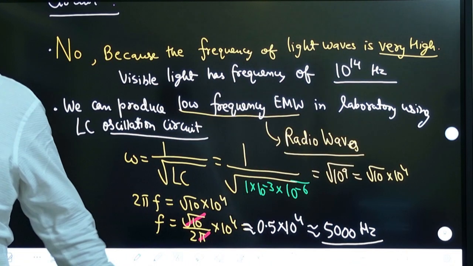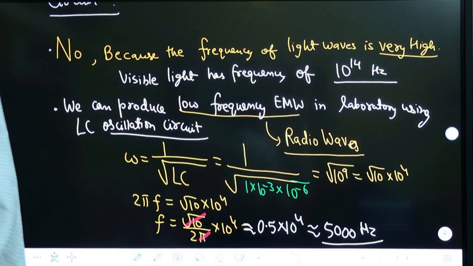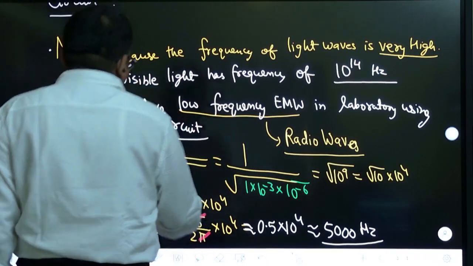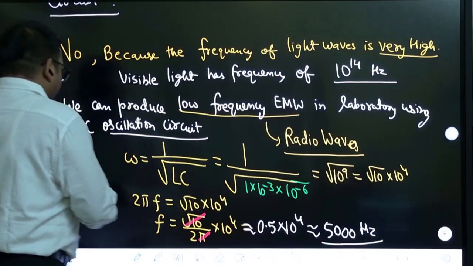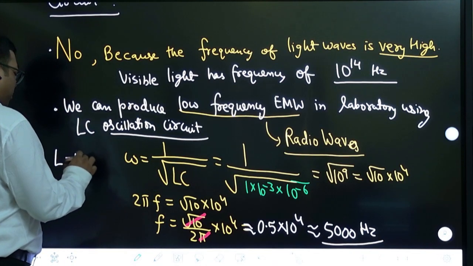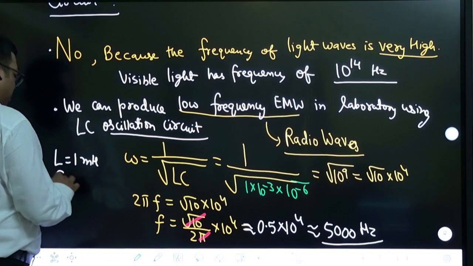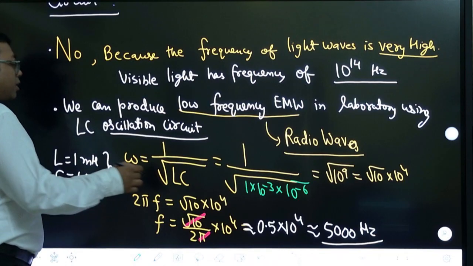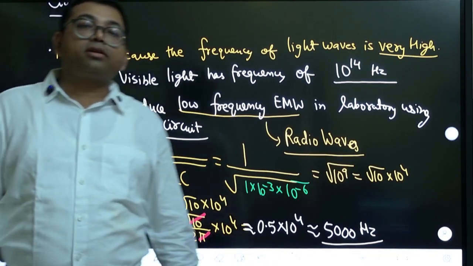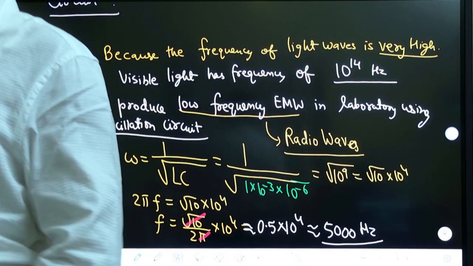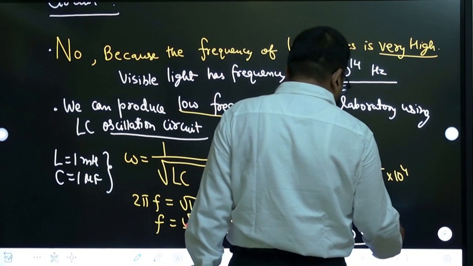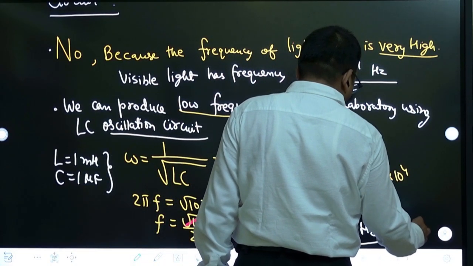I have just taken one rough value. So we can produce 5000 hertz if you use an inductor of 1 millihenry and capacitance of 1 microfarad. If you use this, you can produce electromagnetic waves of 5000 hertz, sorry, 5 kilohertz you can say.